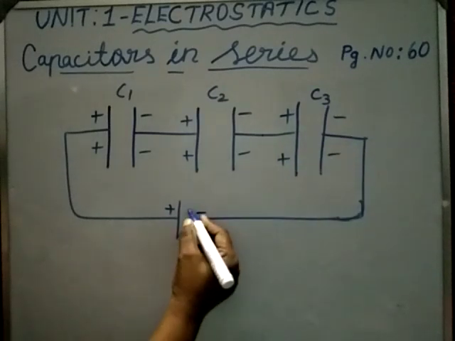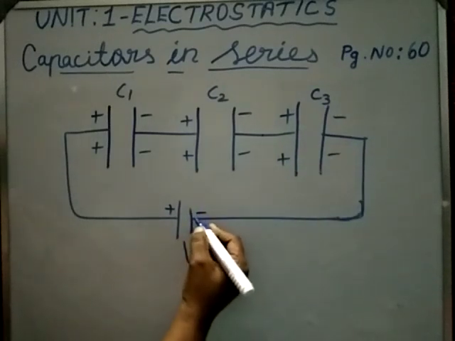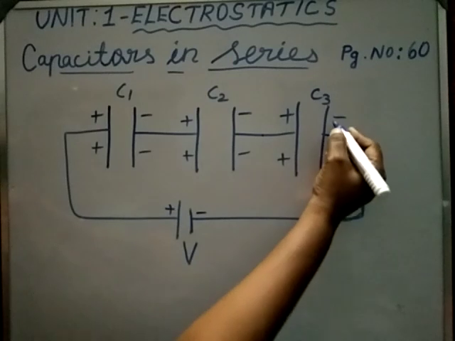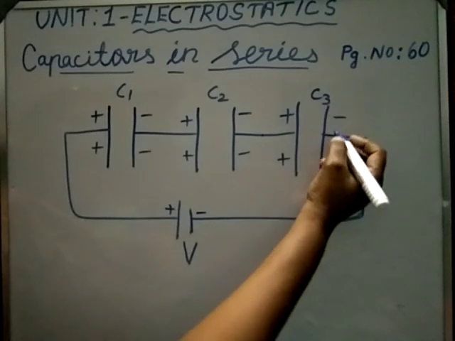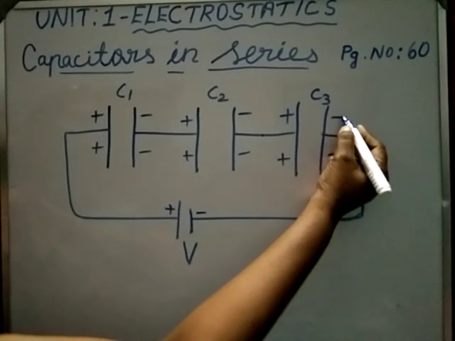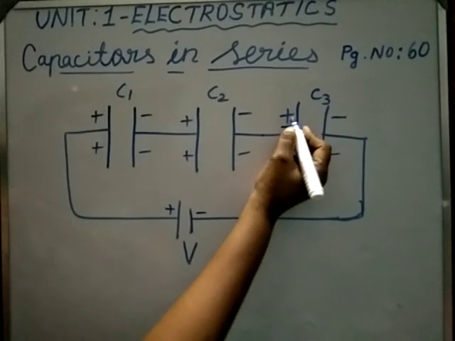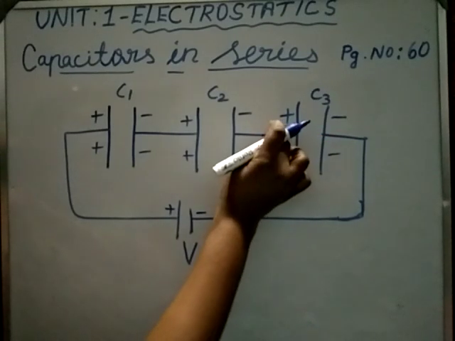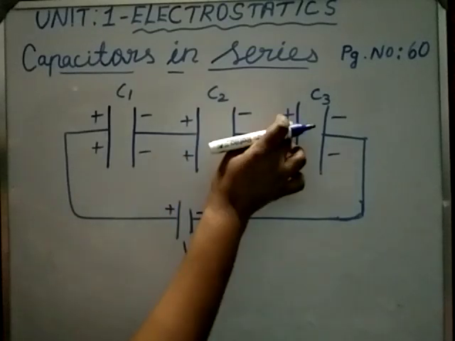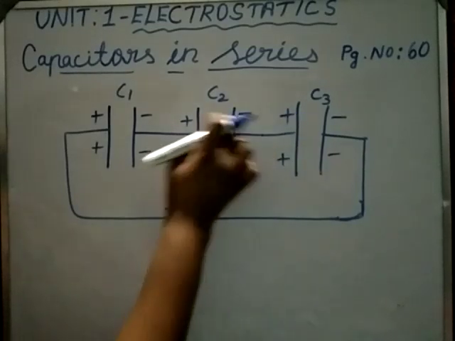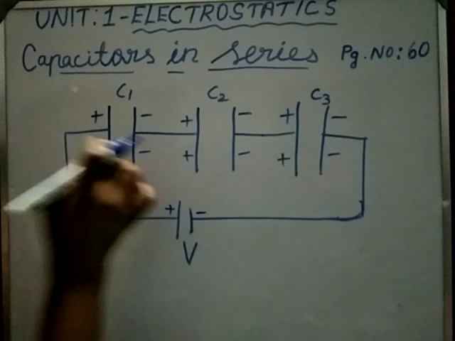The negative charges from this terminal are transferred to the right plate of C3. Now, this negative terminal attracts the positive charges in this plate and pushes away the negative charges to this plate. The same procedure happens here also.